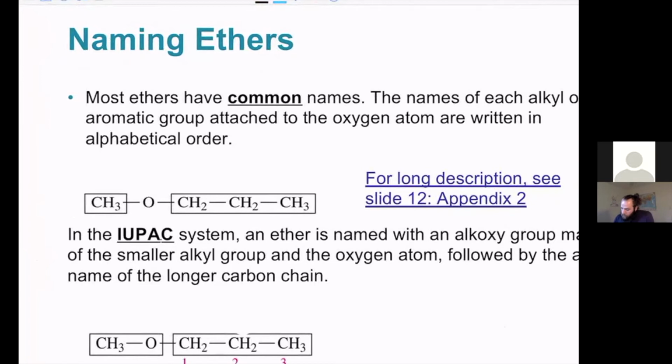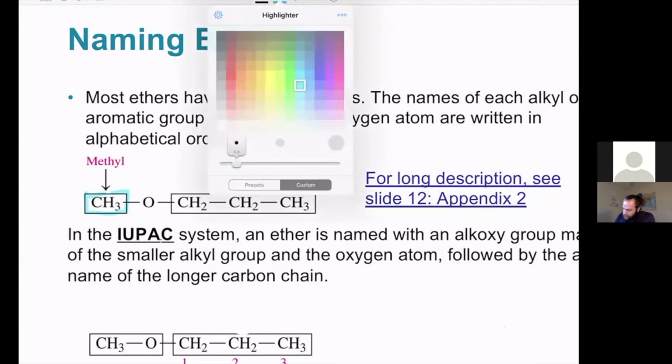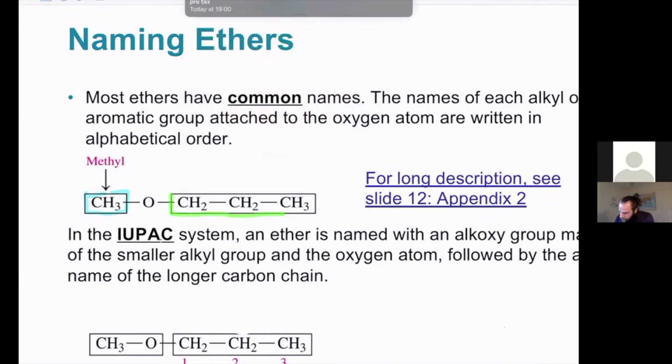So first thing we do is look on either side of the oxygen and figure out how many carbons we have. On one half, I have just one carbon, so that's a methyl group. On the other half, I have a 3 carbon chain, so that's a propyl group.